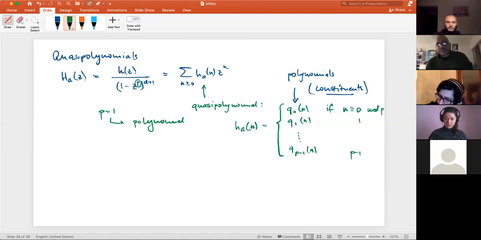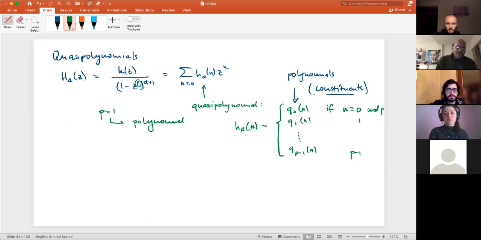What I'm writing down here should maybe be another exercise. I claim a quasi-polynomial is precisely a function that you get out of a generating function like this. It comes from a rational generating function whose denominator is not anymore of the form 1 minus z to some power, but a product of factors 1 minus z to some power.